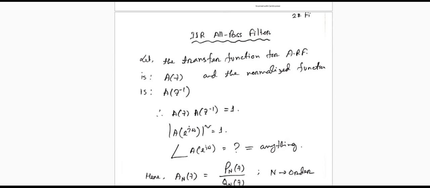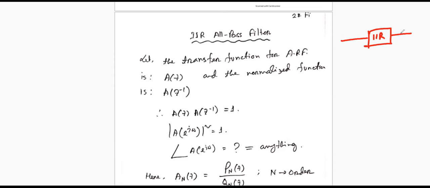Okay, let's start today's topic. This is the IIR all-pass filter. As we already know, whenever we are processing something with a conventional IIR filter, we always get the output as a non-linear phase response.